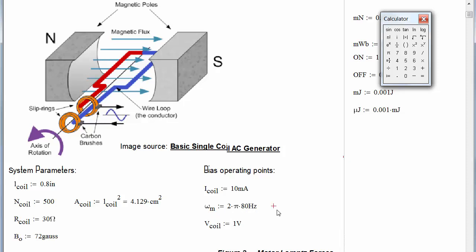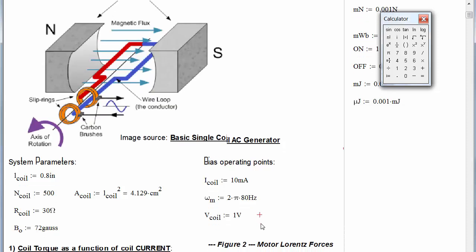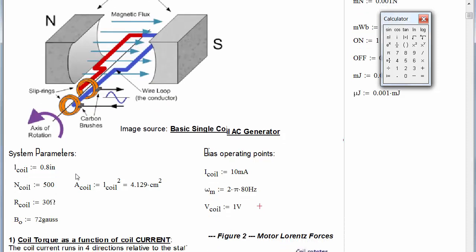Some of the results may investigate changing the rotational frequency, but if not, these 3 entries, the 10 milliamps, 2 pi 80 hertz, and 1 volt, are going to be the 3 operating points. You see some of the other system parameters here. I've chosen them so that they mimic, within reason, our actual Mendocino pulse motor.